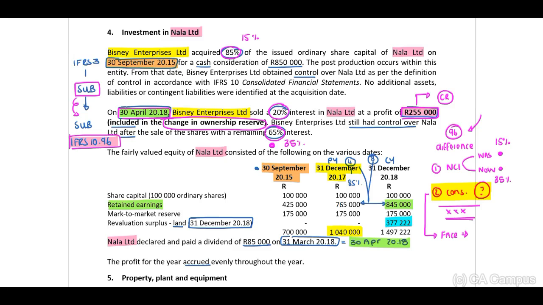We are able to determine what is the retained earnings, the profit portion for 2018 by calculating our movement. And then very, very important to identify that there is a dividend declared of 85,000 on 31 March 2018. Therefore, this is before, and we will have to add this back.